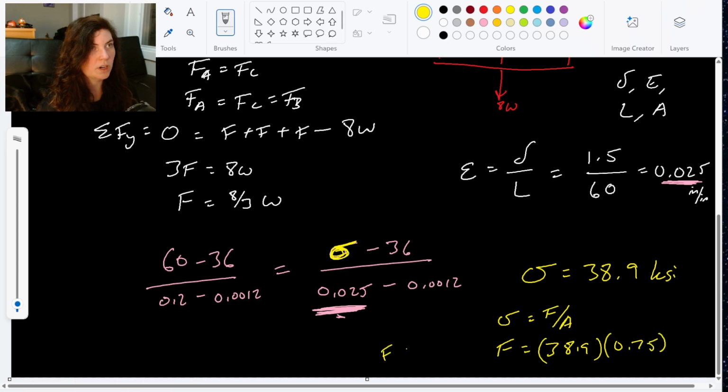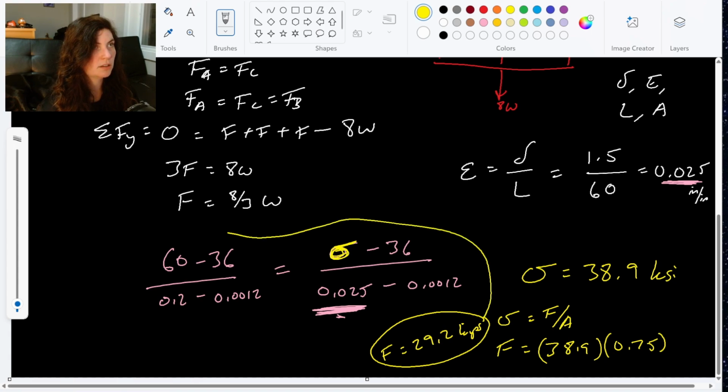So the force needed for each bar there would be 29.2 kips, which I can then plug back into my statics. Boop, that right there. So that I can solve for W.